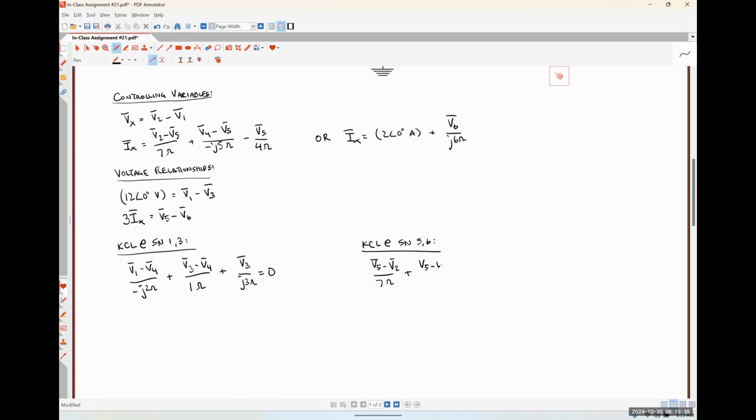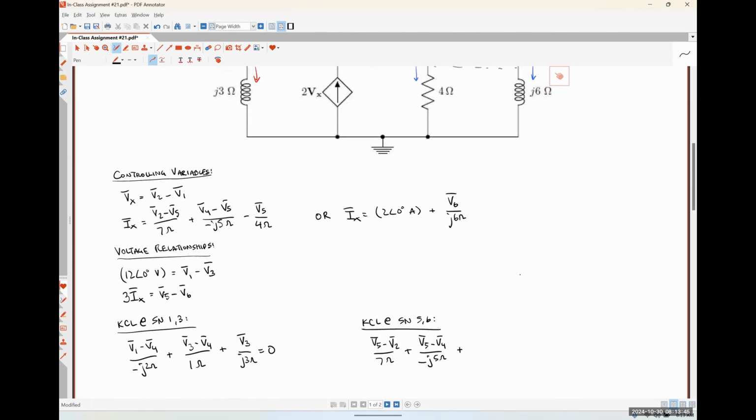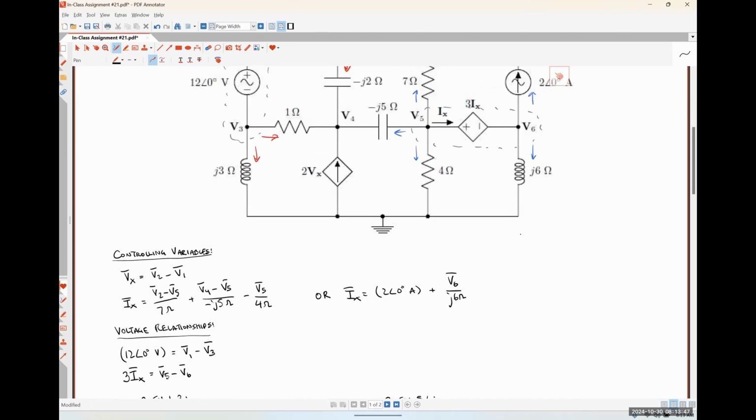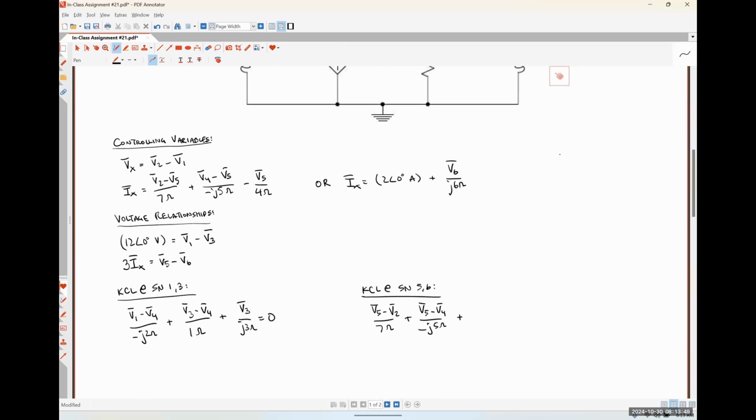Thank you. So V5 minus V4 over minus J5. Our current flowing down through the 4 ohm resistor, V5 over 4. Thank you. Our current flowing up through our current source, 2 angle 0 amps. And our current flowing down through the J6 ohm resistor is once again just V6 over J6 ohms. Okay.